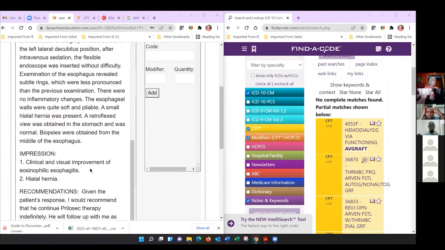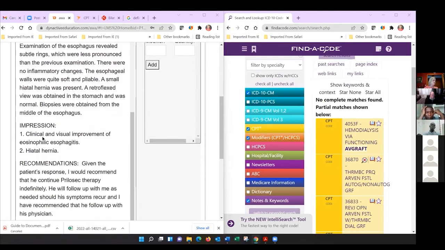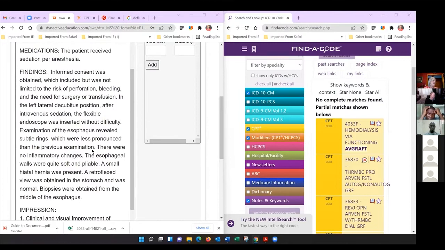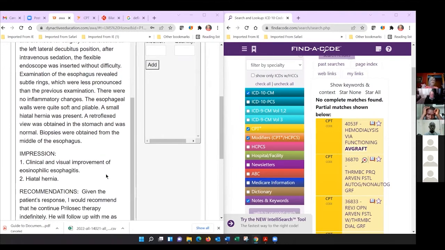All right, so let's see what the impression is. Clinical and visual improvement of the esophagitis, which is validated by the fact that up here he says, examination of the esophagus revealed subtle rings which were less pronounced than the previous exam. So basically it's improved. And that was the impression at the end of his viewing.